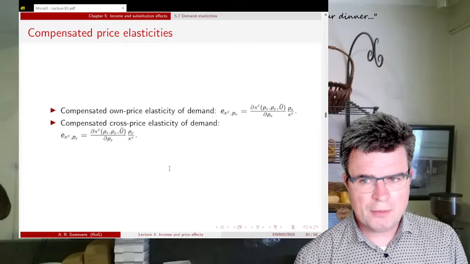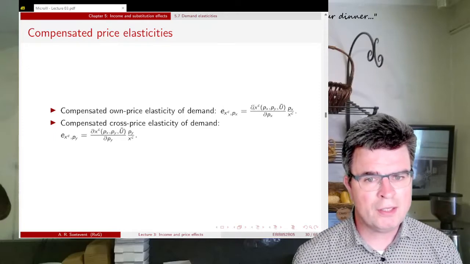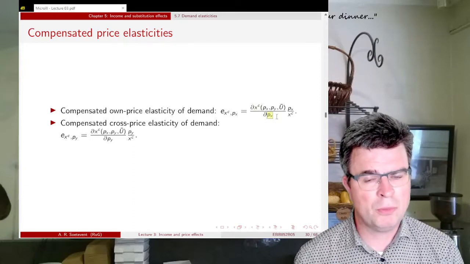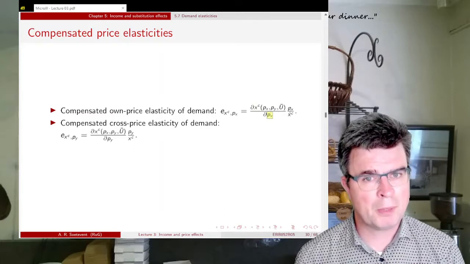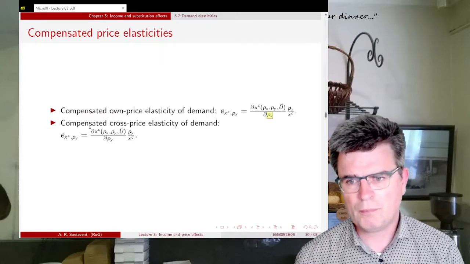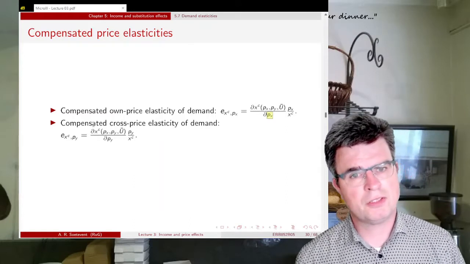So the compensated own price elasticity of demand is defined as the derivative of the compensated demand with respect to the price of the good that we consider, multiplied by the price of the good and divided by the compensated demand of the good. And likewise for the compensated cross price elasticity of demand.